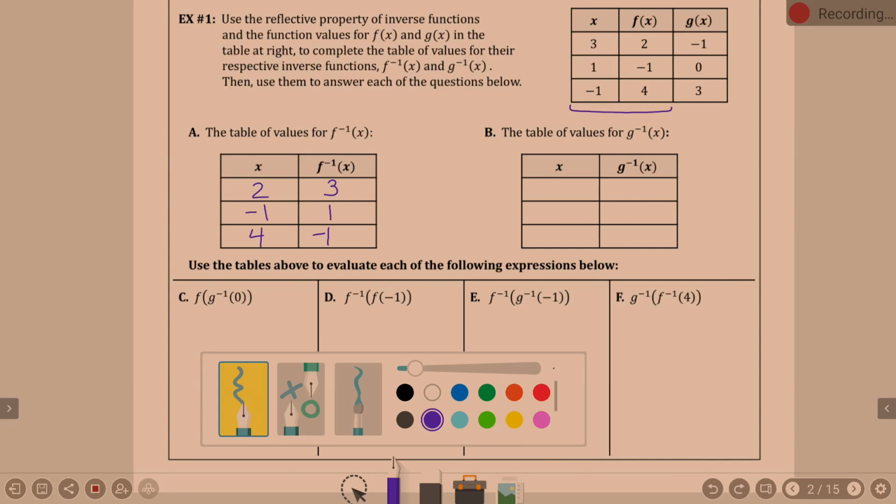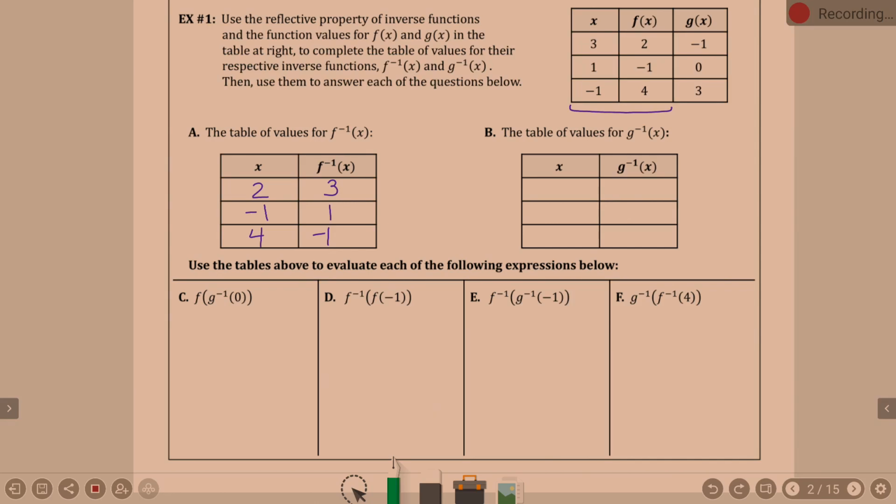And then, what about the table of values for g inverse? Switch g. Yeah, you're switching x and g of x.